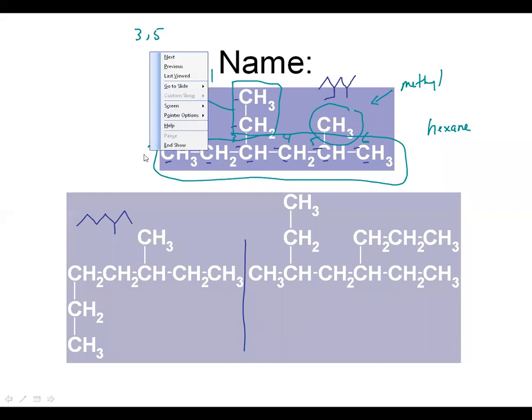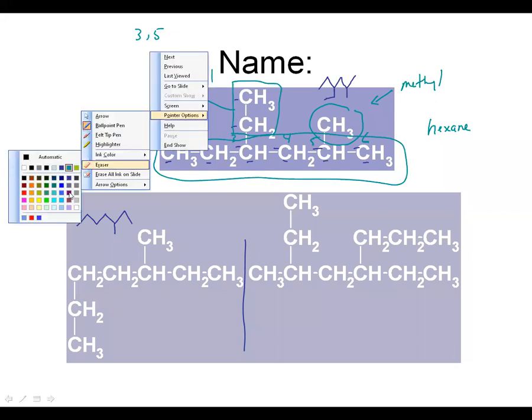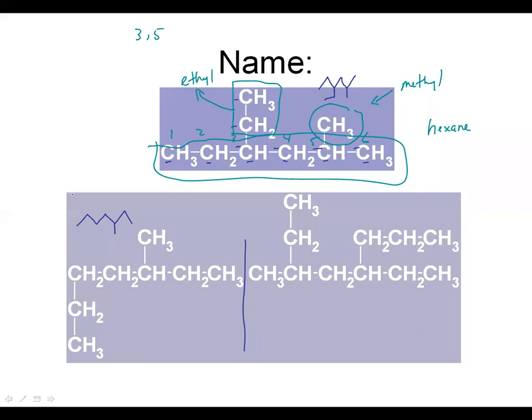If we go the other direction, we have 1, 2, 3, 4, 5, and 6. And that means that carbon 2 and carbon 4 here. So in this particular case, we do want to go with the 2 and the 4 as it's smaller.